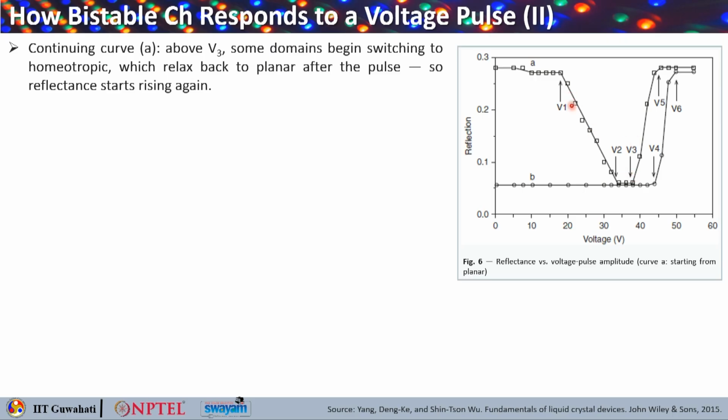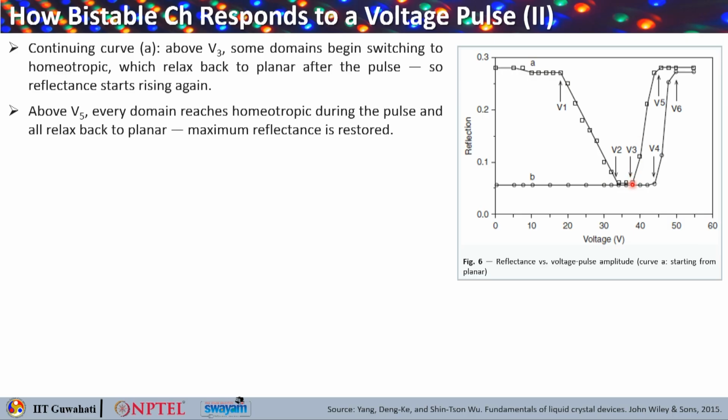If you continue on this graph, above V3 some domains again start switching to homeotropic, which relax back to the planar after the pulse. So after V3 you will again see the reflection start rising.